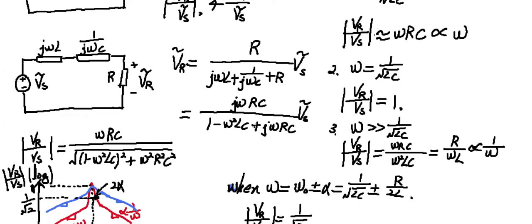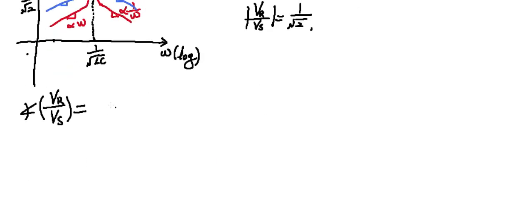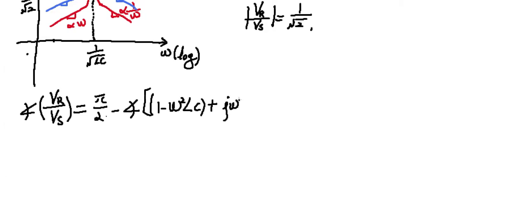And the phase of the denominator is arctangent of the imaginary part divided by the real part. So we can write this as pi over 2 minus, let's rewrite the denominator expression.